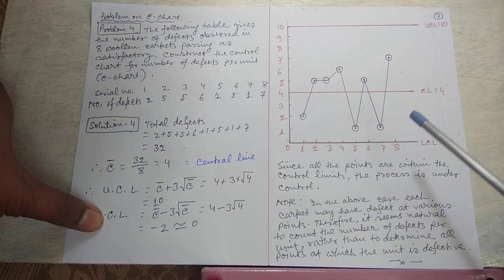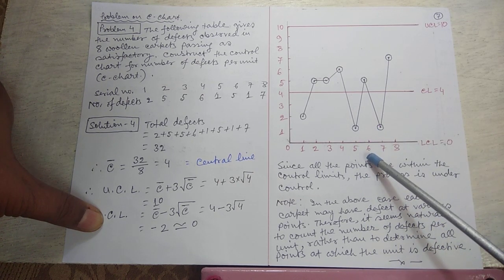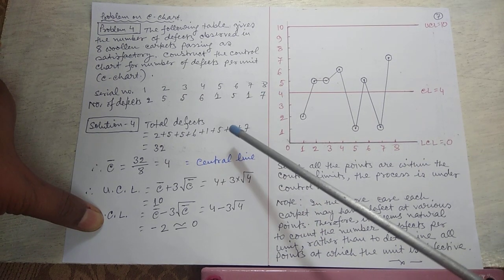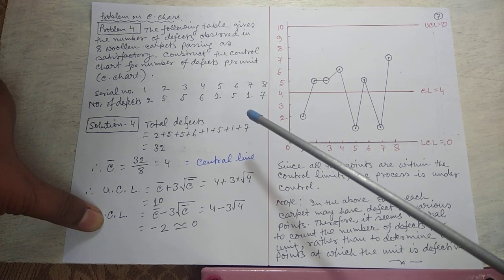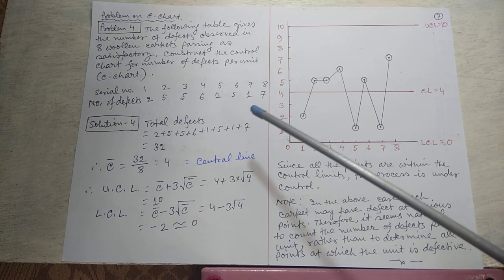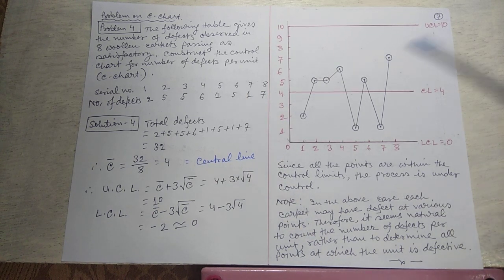Clear? So it is important to note that for C chart, when there are several defects for each unit, then we construct the C chart. Clear? Now we draw U chart.